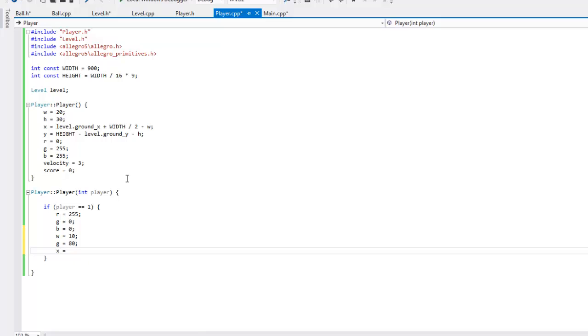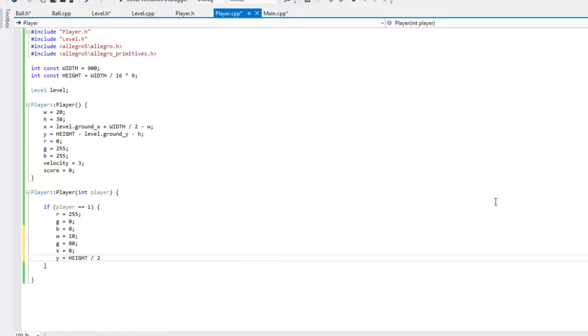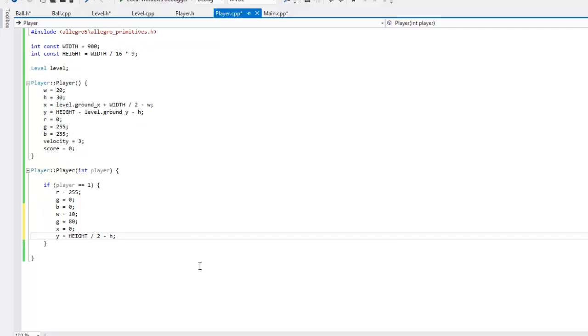X is going to be equal to 0 because the left player is going to be on the left side of the screen, so that's pretty obvious. But Y is going to be equal to height divided by 2 minus the height of himself, which will put it dead center once again.